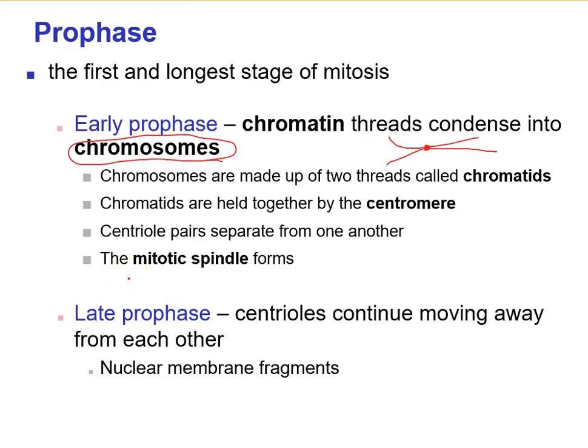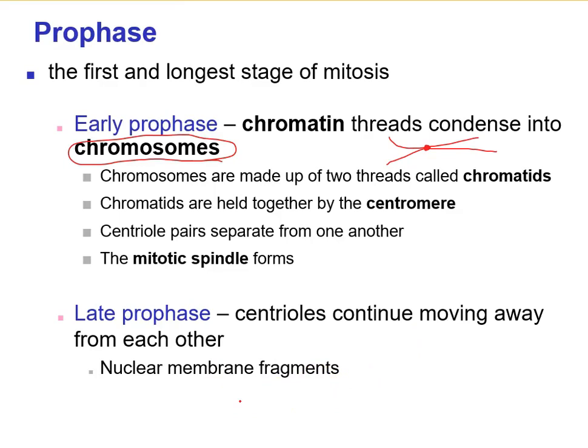The spindle is a structure made up of microtubules, the strong fibers that are part of the cell's skeleton. Its job is to organize the chromosomes and move them around during mitosis. The spindle grows between the centrosomes as they move apart. During the late prophase, the centrioles continue moving away from each other, and the nuclear membrane fragments.